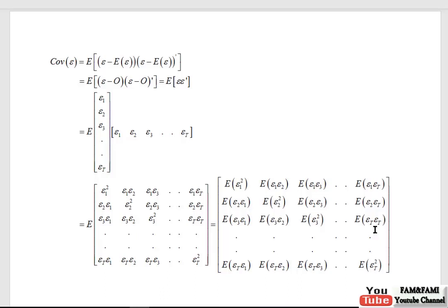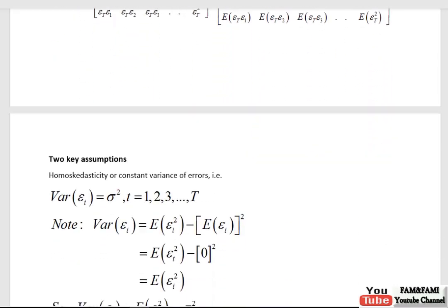Except these diagonal entries, where we are seeing epsilon 1 square and epsilon 2 square expected values, previously we replaced these diagonals with the sigma squares, and now all the off-diagonal entries will become 0 due to this assumption.